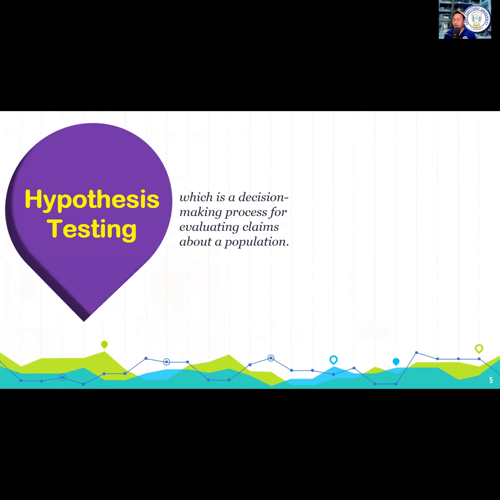And when we say evaluating claims about a population, it's an example like this. If I'm going to say that most of the people in block E, 11 block E, are intelligent, that's going to be a claim. So for it to be proven, I need to pick a sample size from block E and test them if it would really give us an idea that most of the people in block E are intelligent.